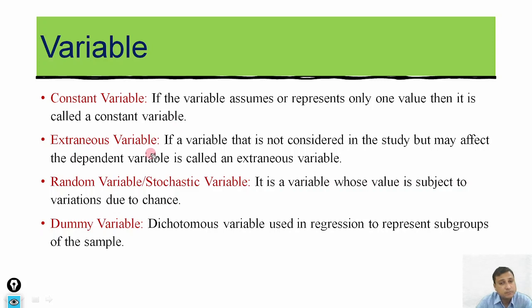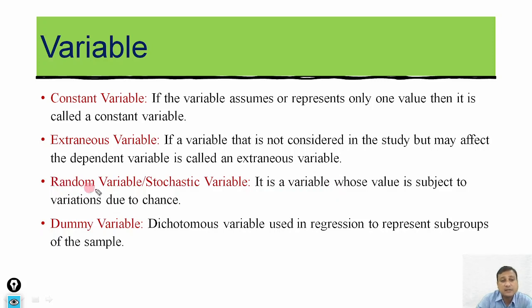Extraneous variable is also associated with regression, which is a statistical technique. Fine. So what does extraneous variable mean? A variable that is not considered in the study but may affect the dependent variable is called an extraneous variable.